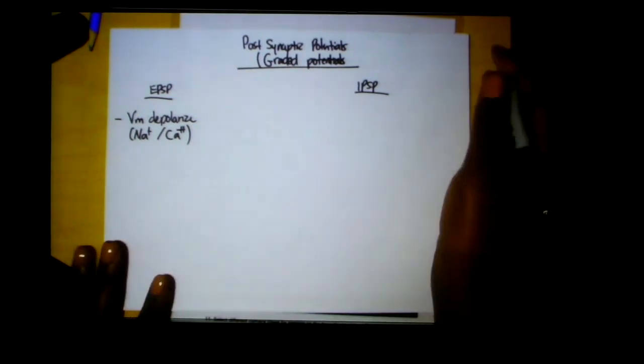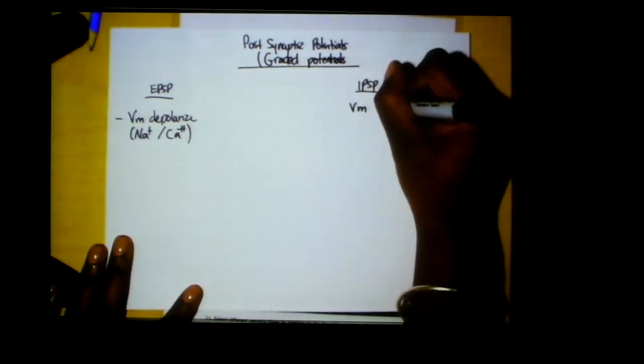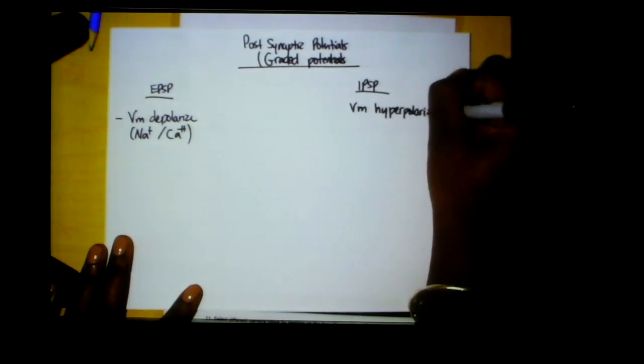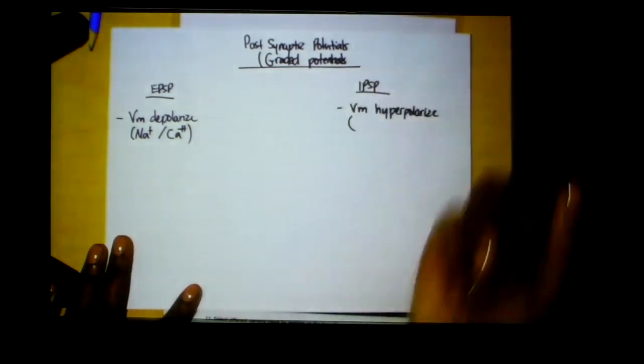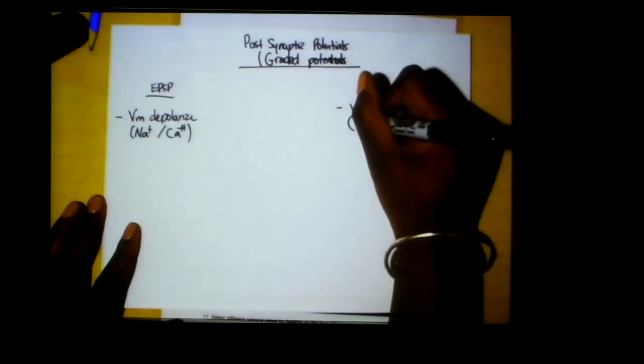As far as inhibitory potentials, or IPSPs, these are going to hyperpolarize the membrane potential. What type of channels did we say are responsible for these events? Potassium is one, and chloride: potassium and chloride.